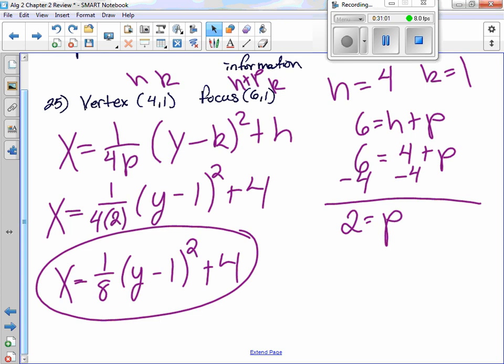So it tells us which equation to use. And then once we have that, we use all the properties of it. Those differ. The focus is h comma k plus p or h plus p comma k. We use those properties there. Does that make more sense now? Yeah. And it's revolving around those formulas. Which one does it match up to? That's what we're going to use.